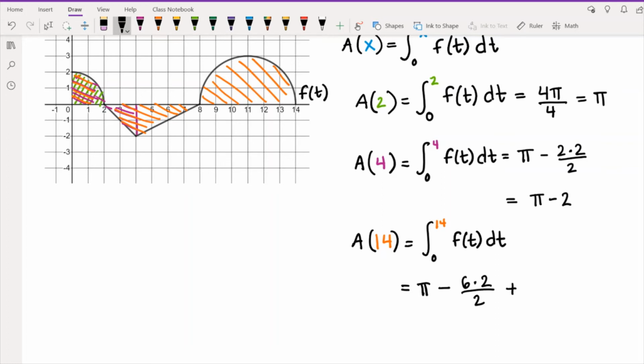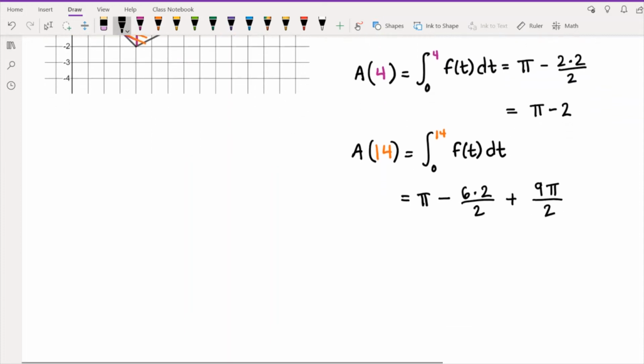The radius of that circle is 3, right? So we want to do pi times the radius squared, so that's 9 pi, but then we want to divide that by 2. And so altogether, this gives us pi minus 6 plus 9 pi over 2.